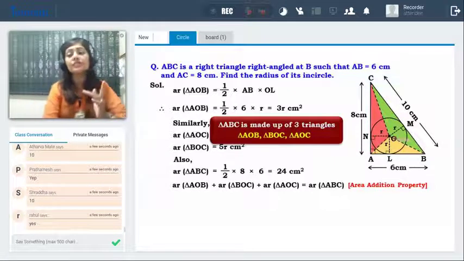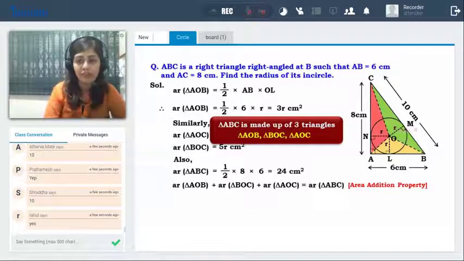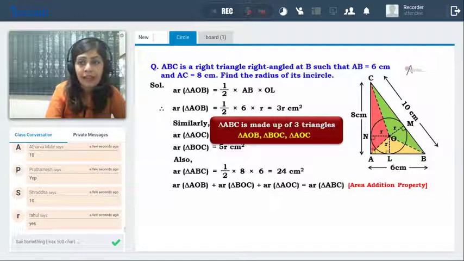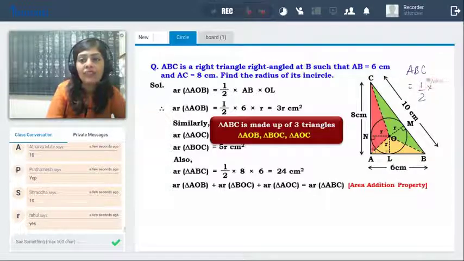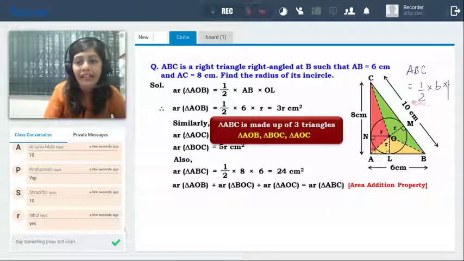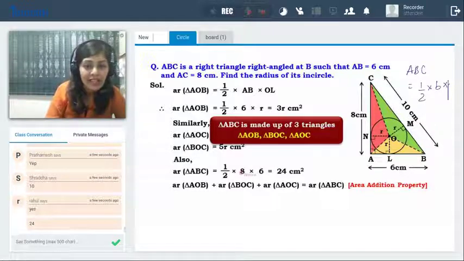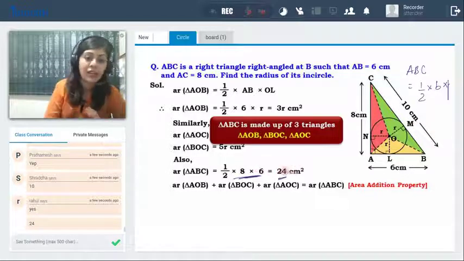Now, students, pay attention to the concept that we are learning first of all. Can you calculate the area of triangle ABC? Yes, area of triangle ABC is very easy. It's half into base into height. Yes, we already have a right angle triangle. So it's half into 8 into 6, which is 24.